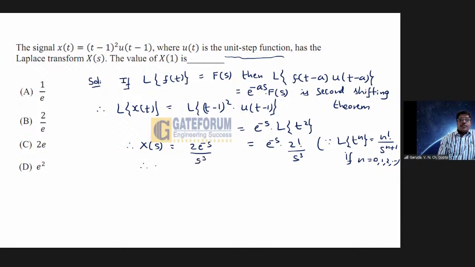So therefore, X(1), put s equal to 1: 2 times e power minus 1 divided by 1 cube is equal to 2 by e. Okay. So here simply this (t minus 1) whole square is f(t minus 1), so that this is f(t).